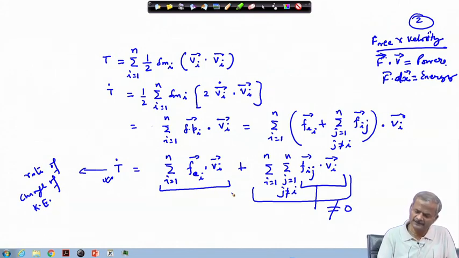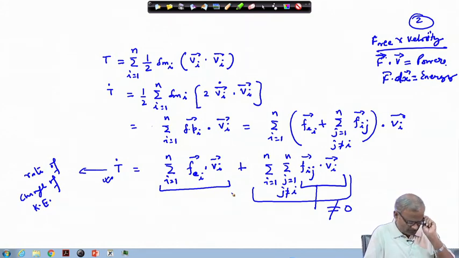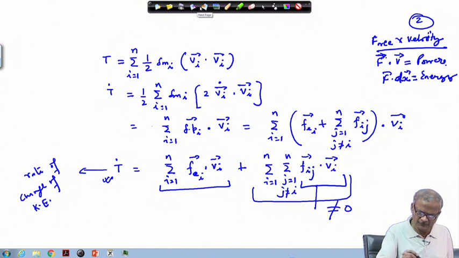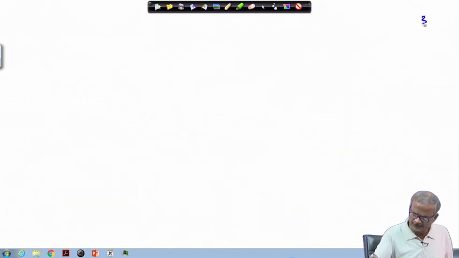So, this term must be accounted. So, we will close this here, and now we will look into the derivation of the kinetic energy. Perhaps we have not done it as of today, I do not remember exactly, but certainly it appears to me that I have not done it. Therefore, we go into that particular topic.